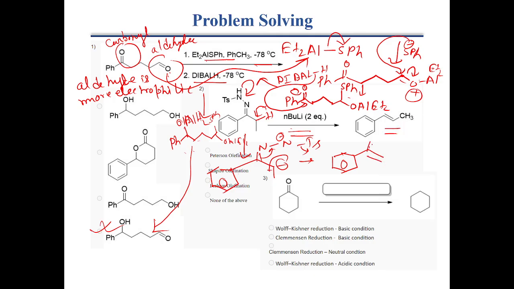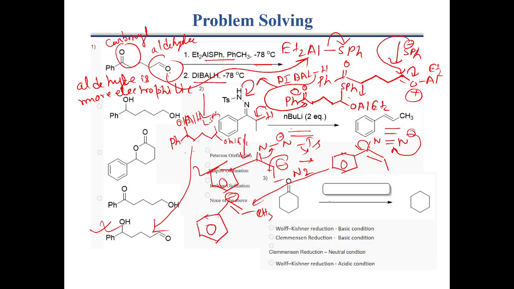The double bond will come here. Now this nitrogen pushes electrons and this methyl group is here, and nitrogen gas will be liberated, which gives this carbanion, which will be neutralized by solvent water treatment and form this alkene. So this is the example of Shapiro reaction.